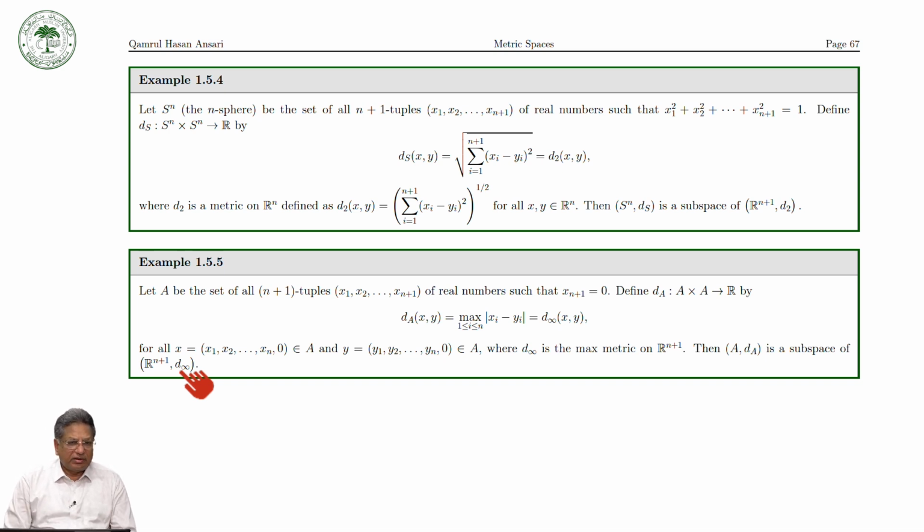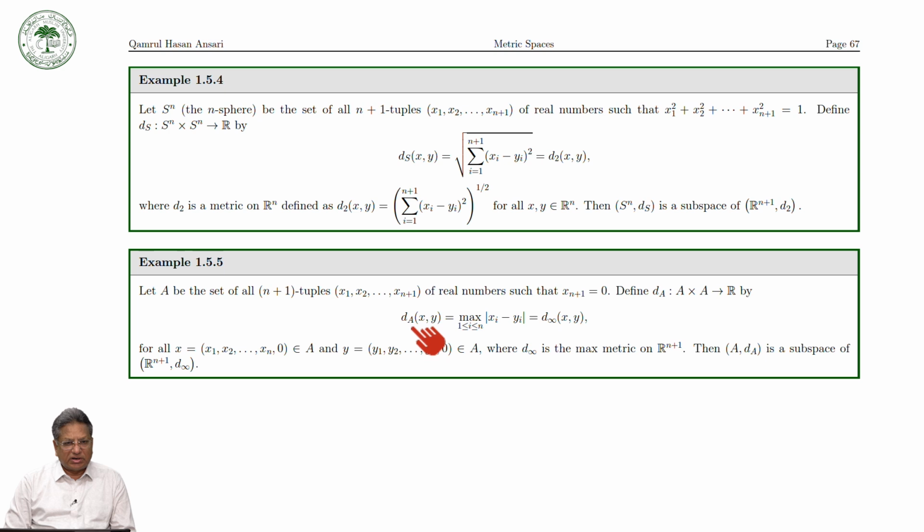And now you see that if you are considering dA and defining it this way, then we cannot say that A with dA is a subspace of Rn plus 1 with respect to the usual metric. No. Because the metric on the subset must be the restriction of the metric on the whole space.